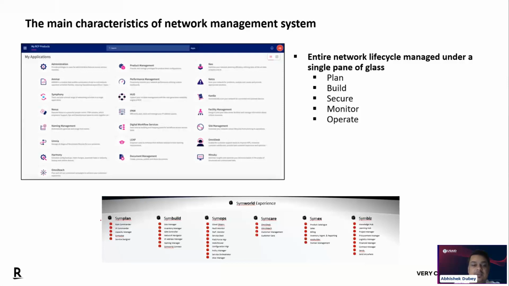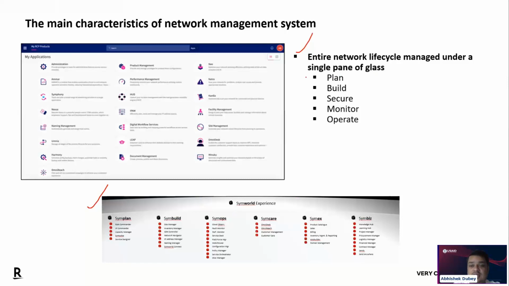One more thing. If you remember, I explained this part, because I told you that our main motto is software centric and full automation. So we have our platform, which is part of SimWorld, where you can automate your entire network lifecycle and manage it from one application.